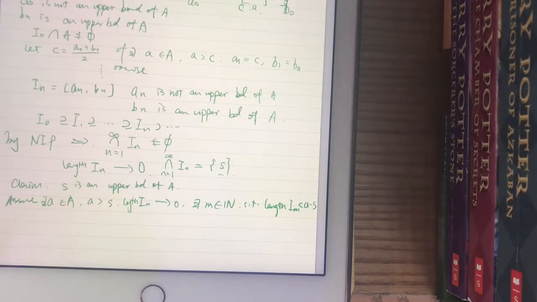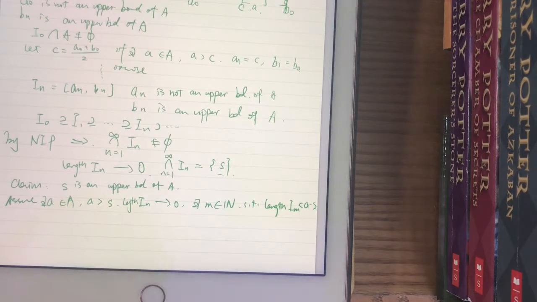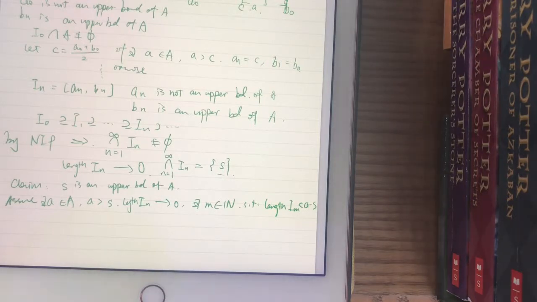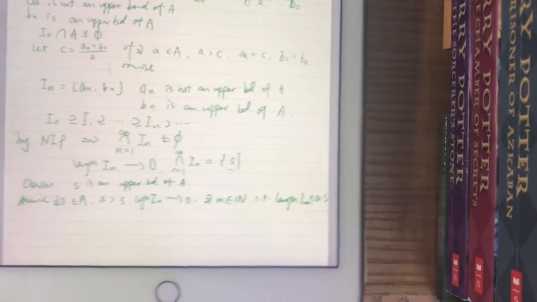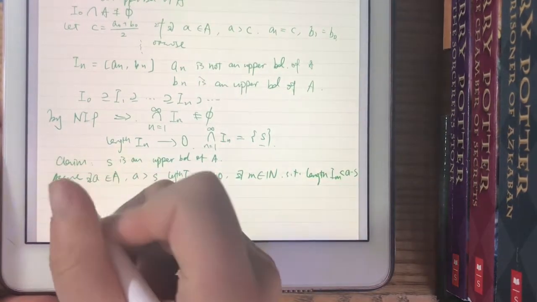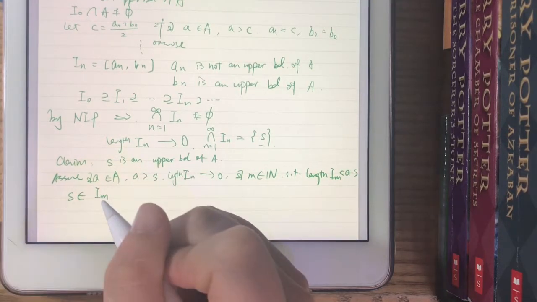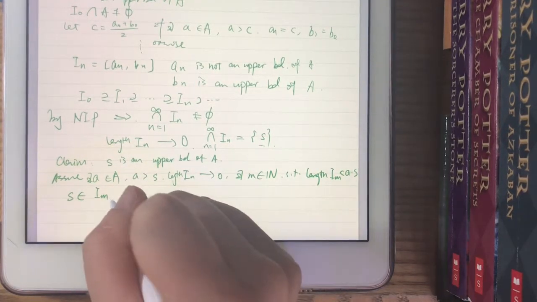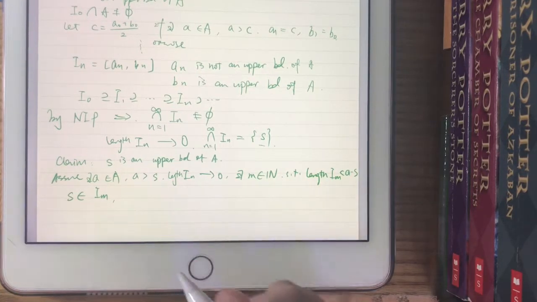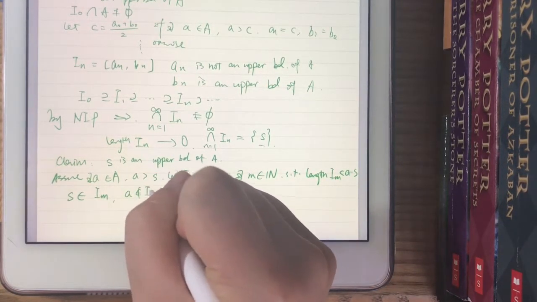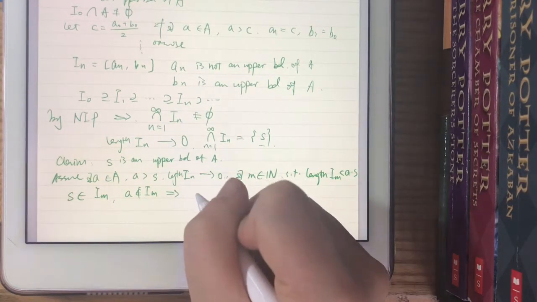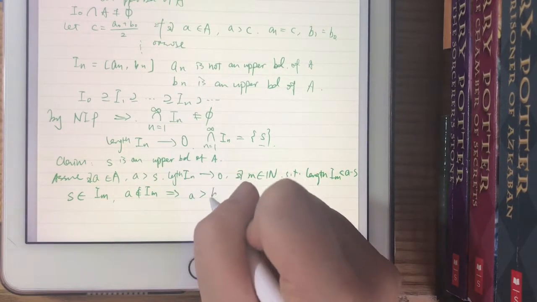That is to say, for the length of A minus S, there will be some interval satisfying this length, right? Smaller than A minus S. And since S is contained in IM, S is containing all In, and so S must be in IM, and A is not in IM. So A is larger than BM, right?